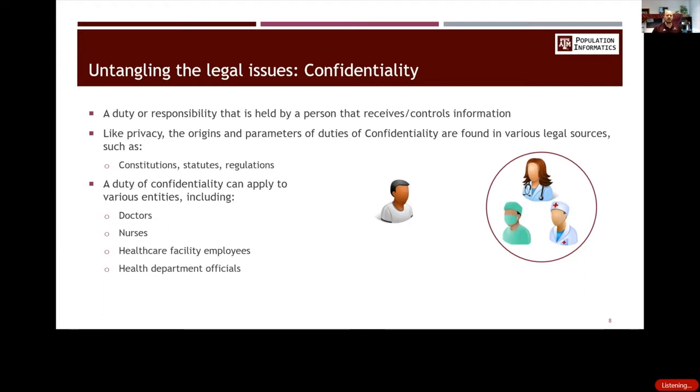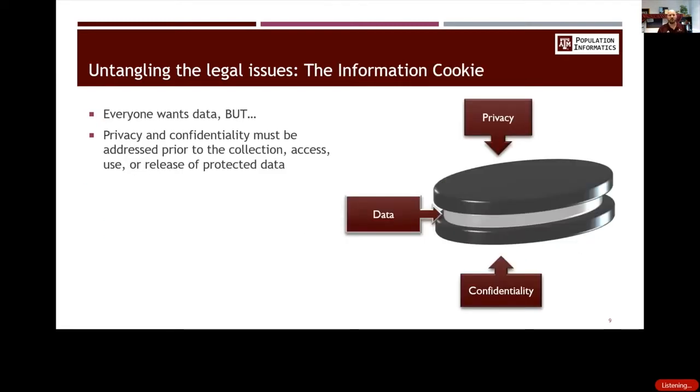So these duties are going to sometimes apply to people in very specific roles, like doctors, like nurses, health facility employees, lawyers, or researchers. And again, the laws will define what the scope of these duties are.